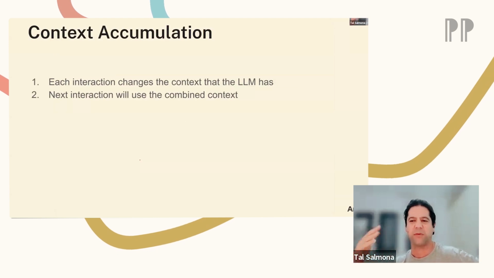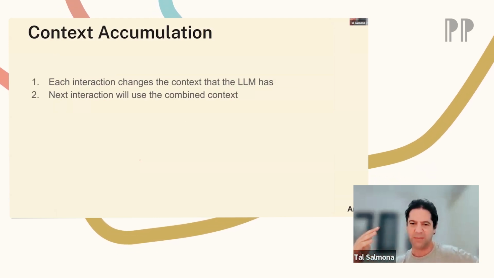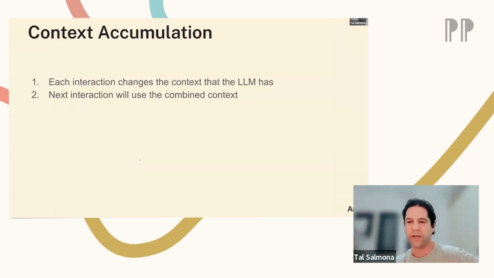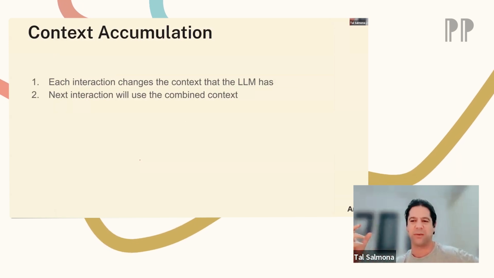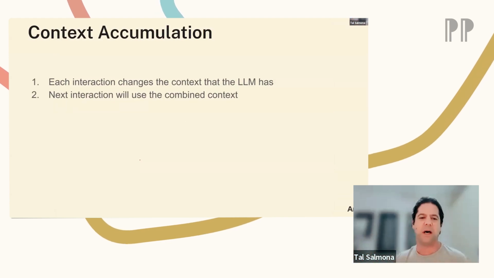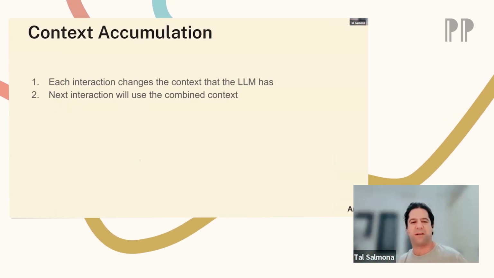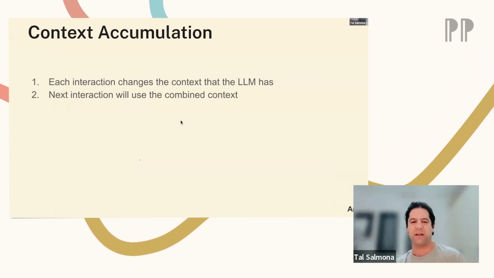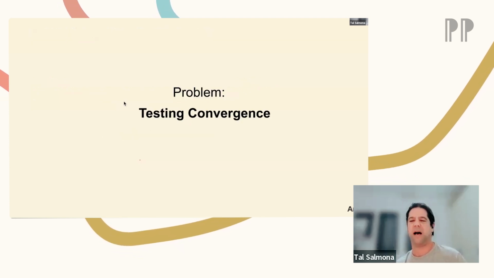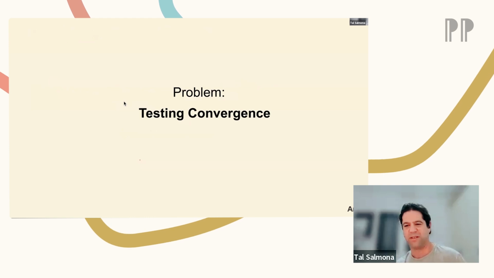When I look at the thread of interactions, each interaction adds to the context of the conversation. We won't go into the details of how this is done. There are multiple ways to build up that context, but it does create a new challenge, which is how do we test the convergence, right?